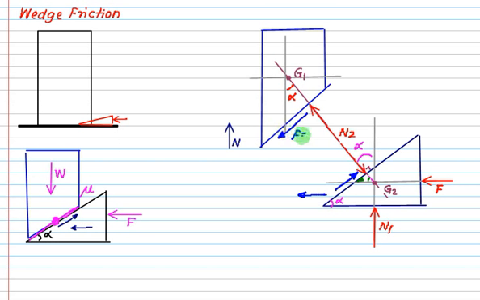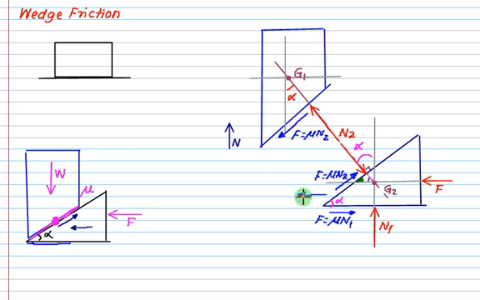F equals mu N. And this is F equals mu N2. One frictional force on the ground. What is this one? F equals mu times N1. Correct? We have two contacts. One is on the ground also, and one at the interface. So this one is very complicated to handle.